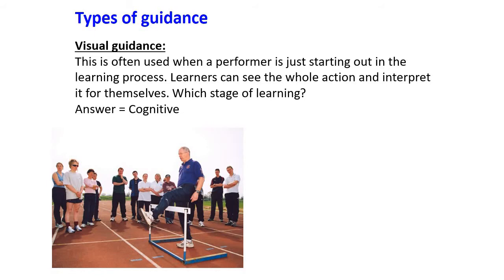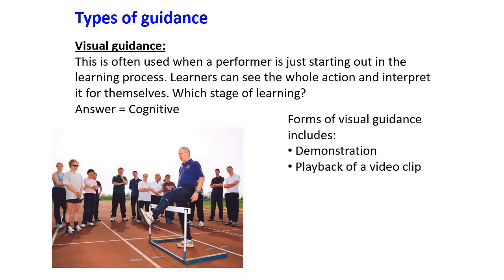So when we're just learning the skills, visual guidance and demonstrations is often the best form. Forms of visual guidance include demonstrations, probably the most important and most recognized type. Playback of a video clip, so performance analysis and sports analysis.